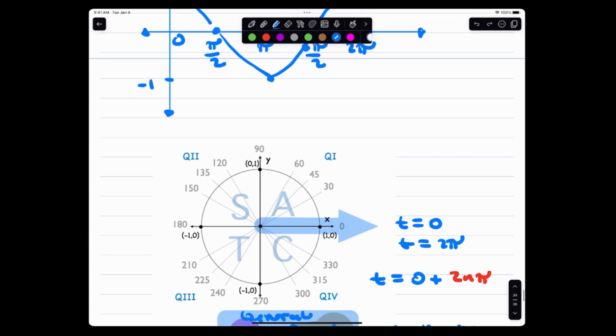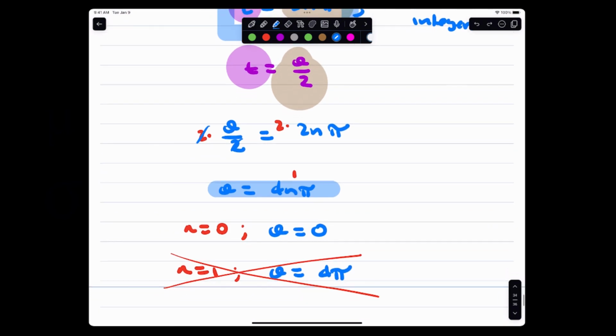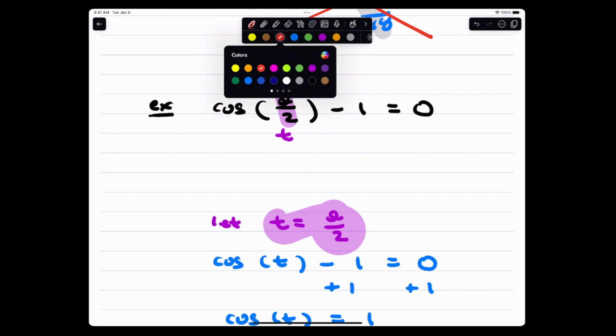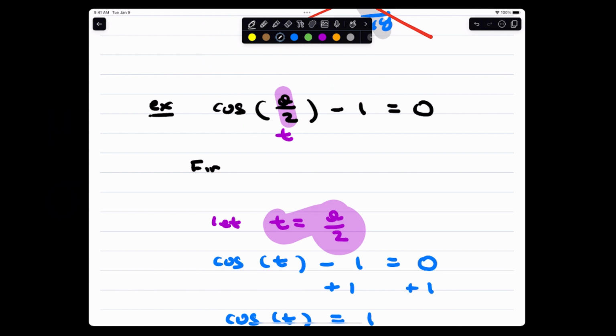Okay? But they might say something like this. Notice the language in your book. The language in the book simply says, find all solutions. What do you think they mean by that?